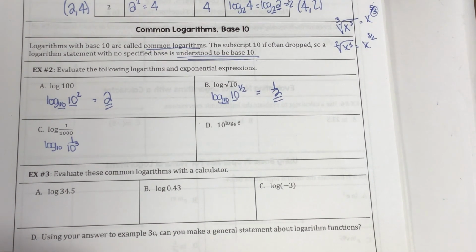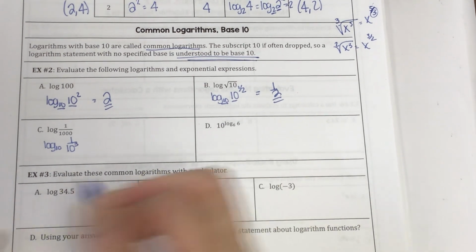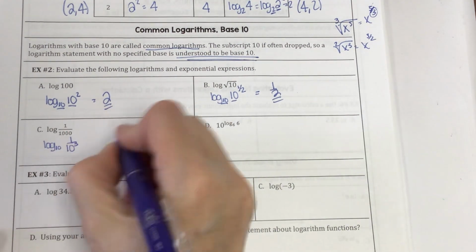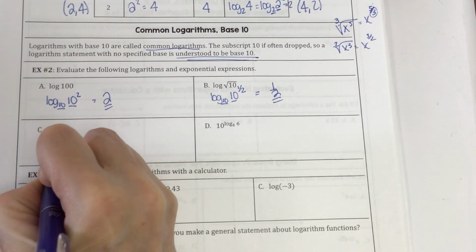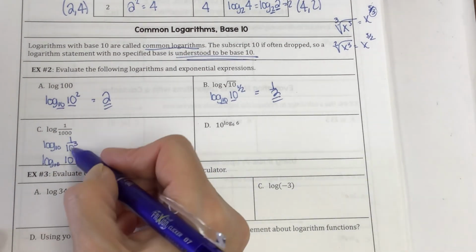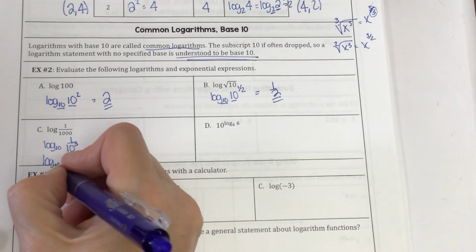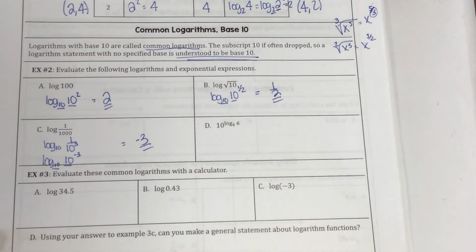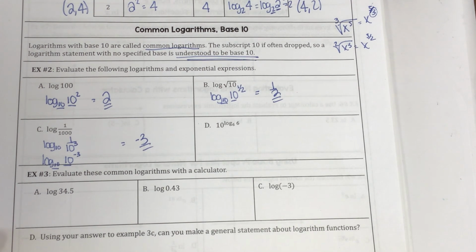You got to take that into consideration because you got to move an extra value over. So, log base 10 of 10 to the -3rd, right? Because we got to move that up. And so now your bases are the same, so this just equals the exponent of -3.